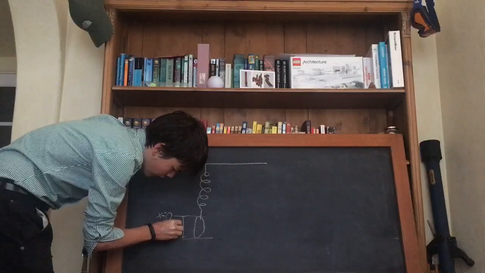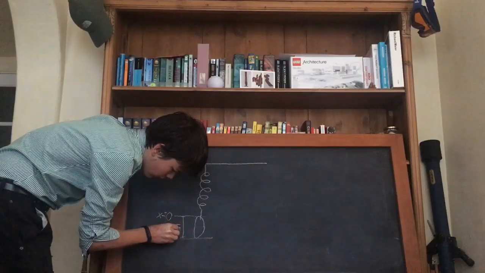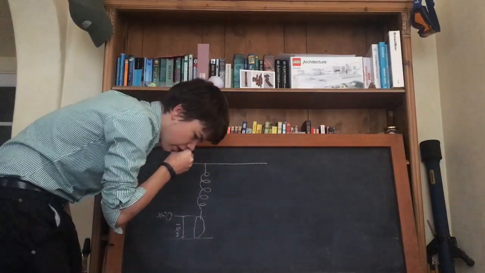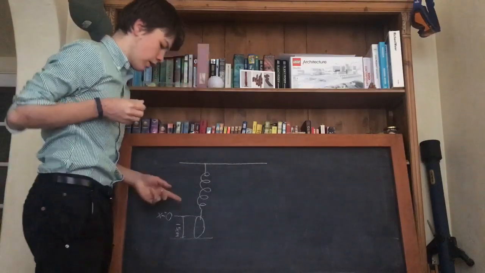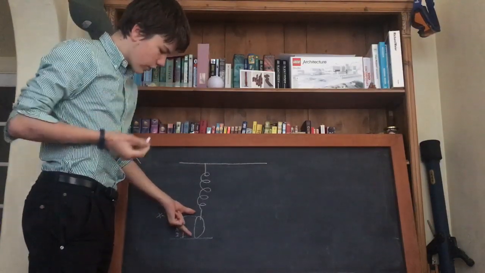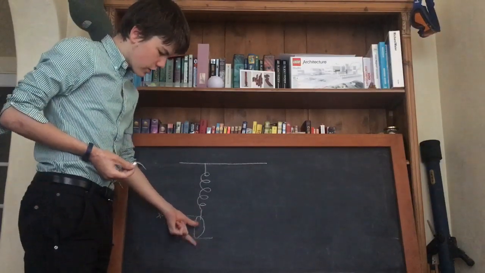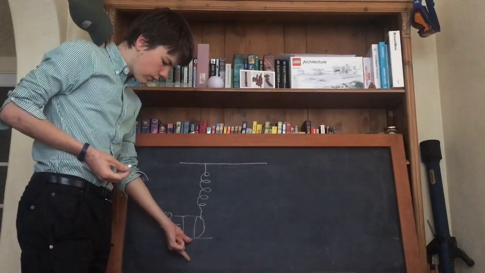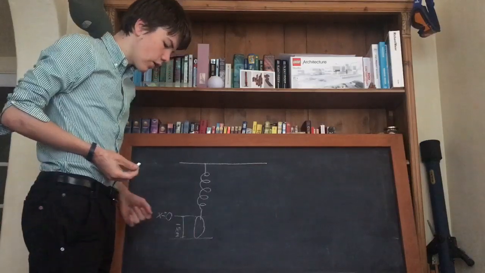This is 15 centimeters. All right, and this is positive direction, negative direction. So in the diagram, this object is pulled down to beneath the 15 centimeters and then let go.